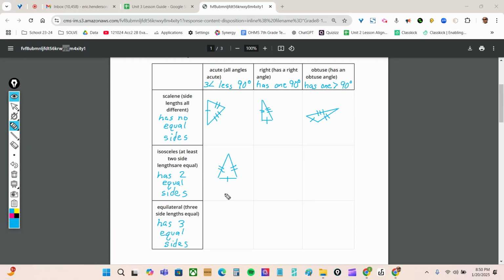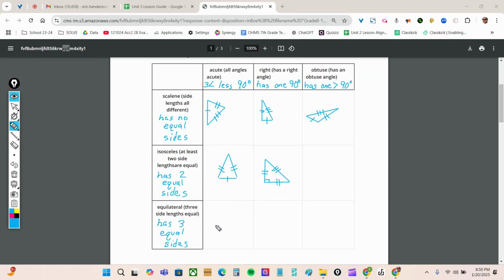Then isosceles right. It's kind of the same thing. Say we got a right angle here and a right angle here. Let's assume these are the same length, and then we connect them with a long side that is a different length. So 2, 2, and then this is a long side of 3, and this is a right triangle.